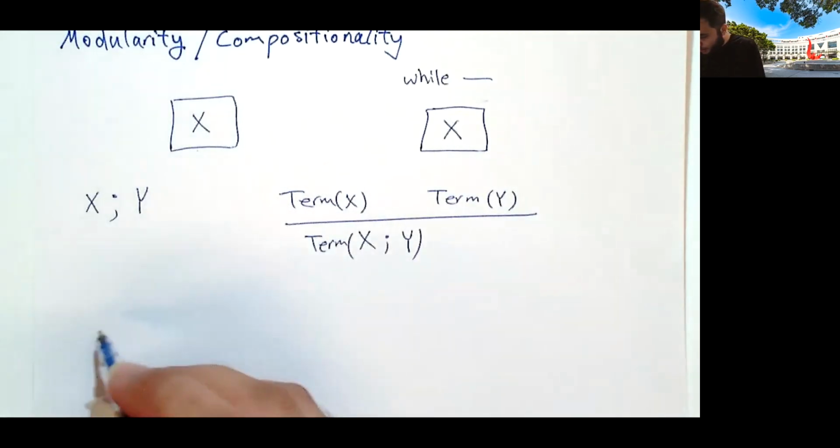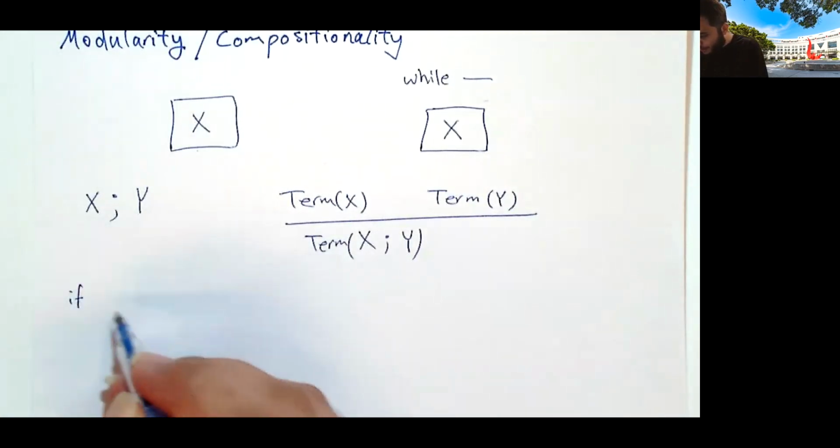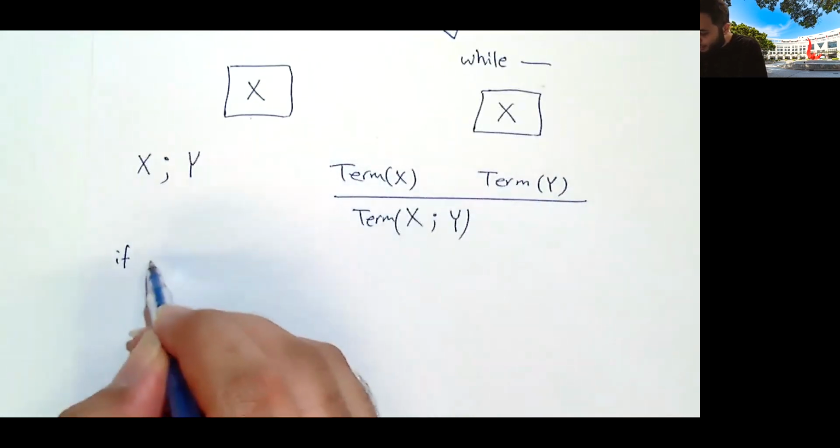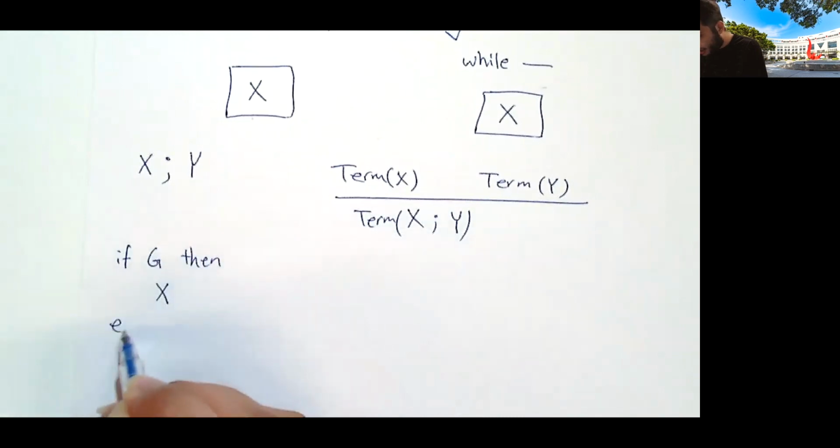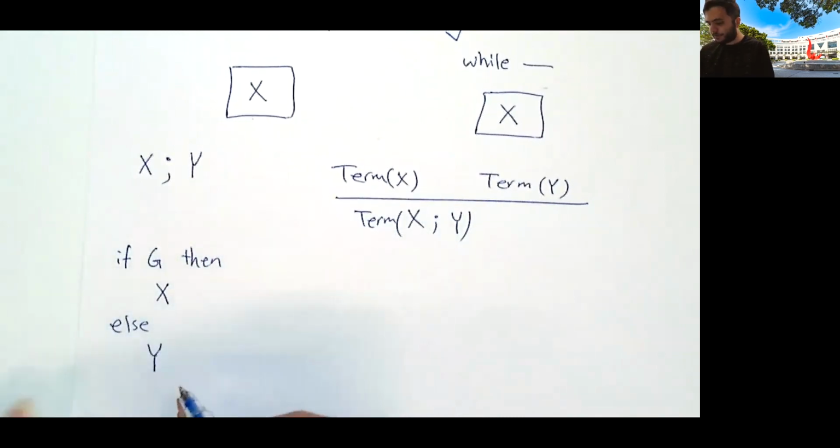And what happens if I have something else? So what happens if I have a program that is of this form? So if some condition G, then do X, else do Y. Okay. Again, the situation is kind of similar.